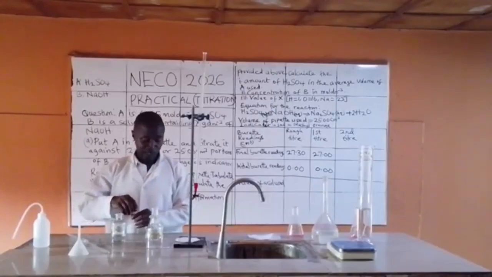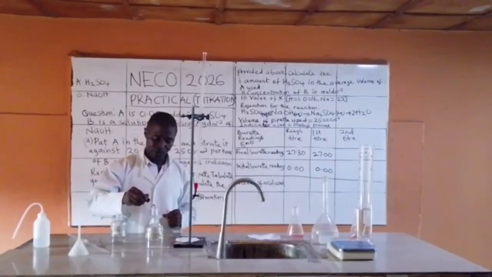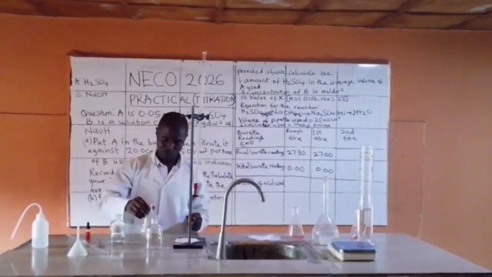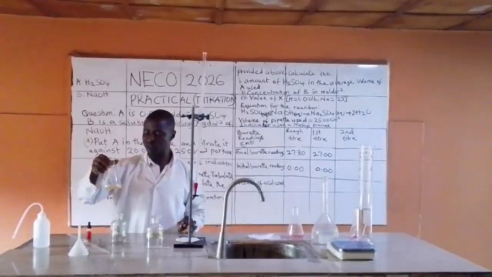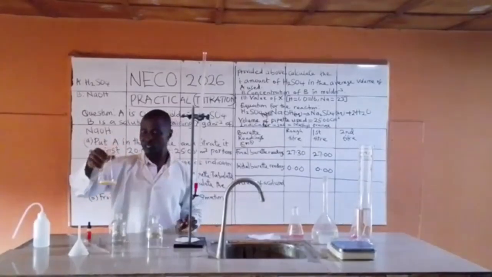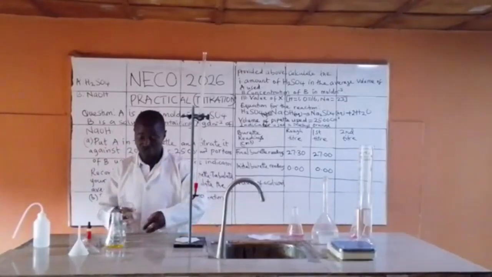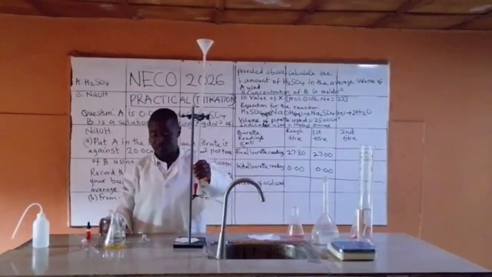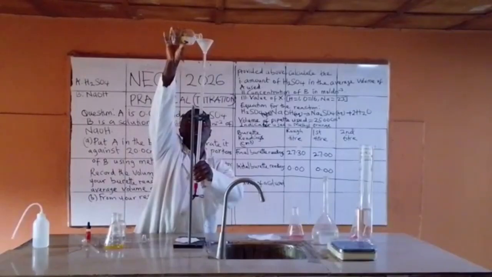After the base has been poured inside the conical flask, we now add 2 drops of methyl orange. After the methyl orange has been added to the base, it shows yellow color. Then more acid is to be added to the acid inside the burette, so that the level of the acid will reach 0 cm³.